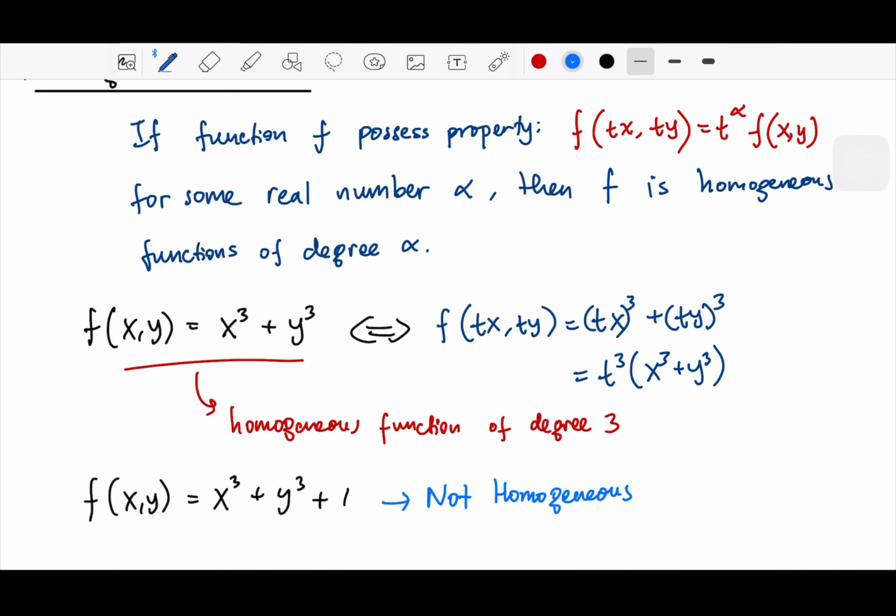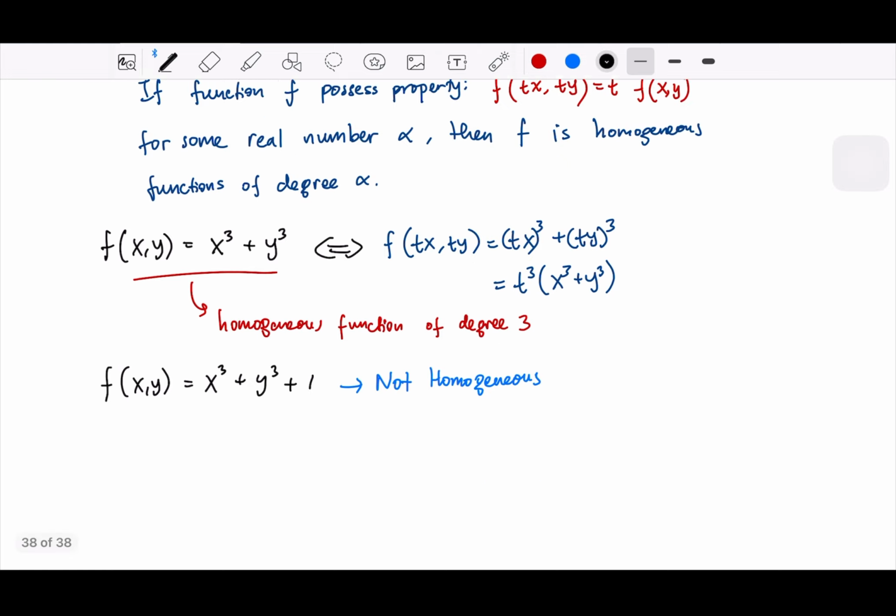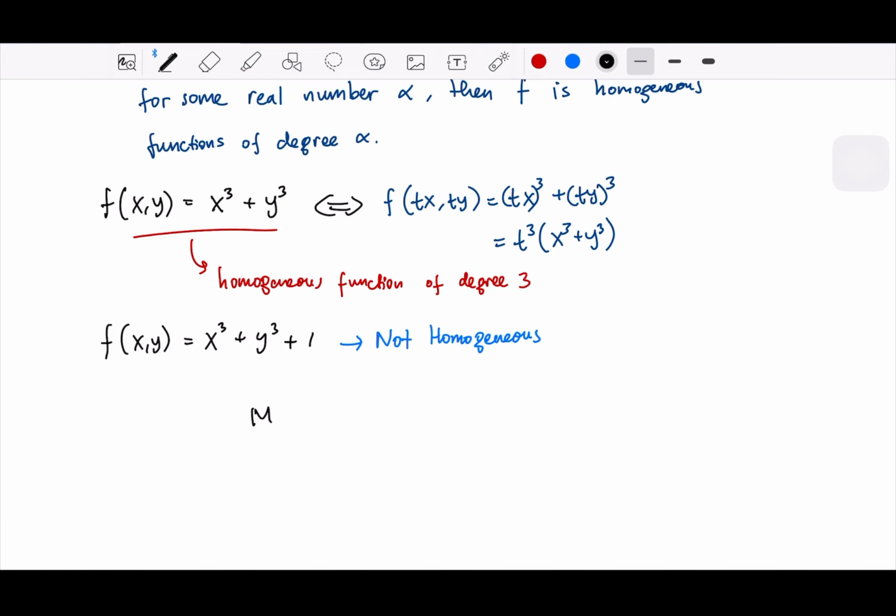Okay, so if we have the M(x,y) dx plus N(x,y) dy, maybe equal to 0, right?